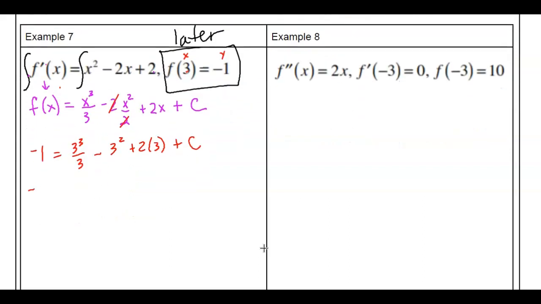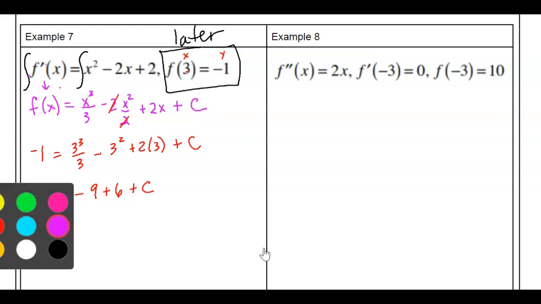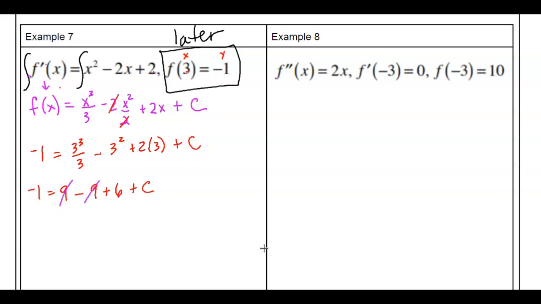So I get negative 1, 27 divided by 3, 9. The 9's cancel. That's just a coincidence. So we'll subtract 6. So c equals negative 7. So we're going to take that, and then we're going to plug that in.